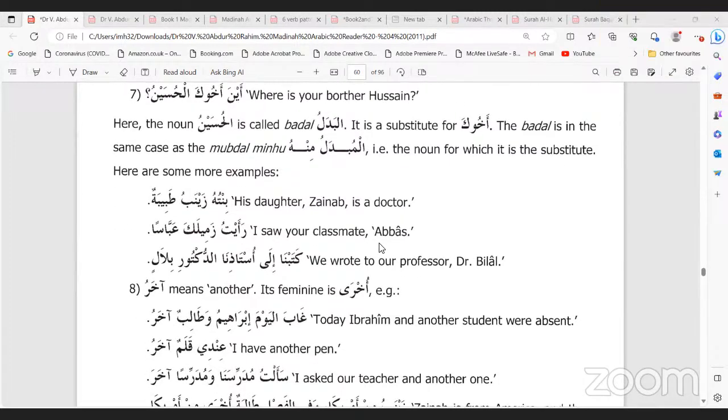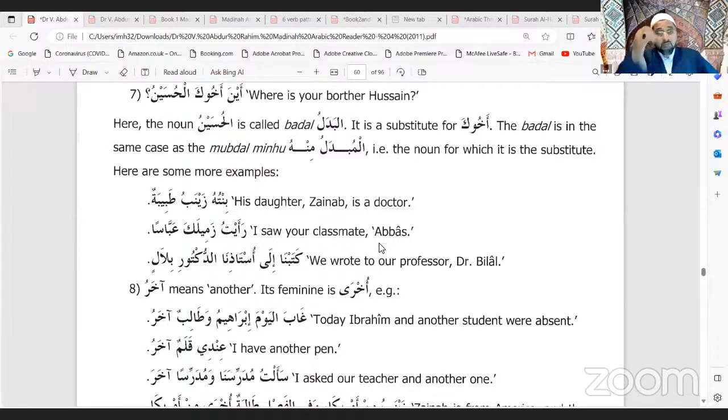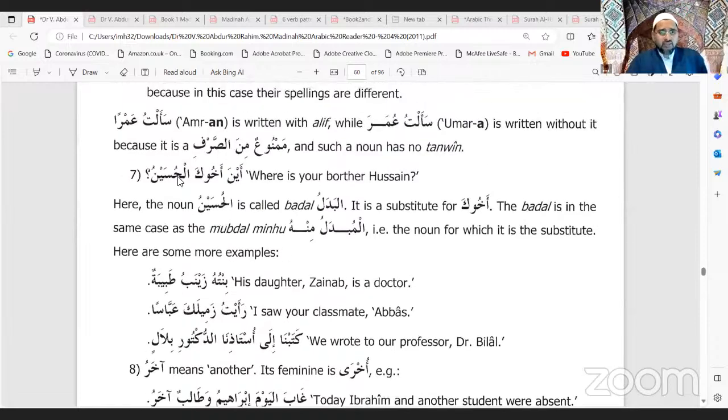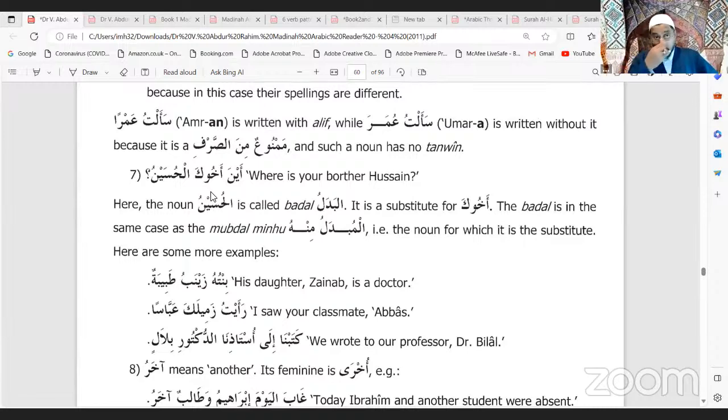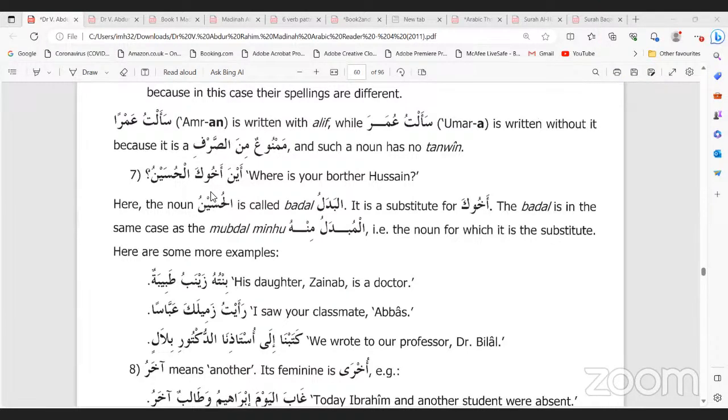The badal is in the same case as the mubdal minhu. Mubdal minhu is akhuka, what it is replacing, and the badal is al-Hussein. The noun for which it is the substitute.